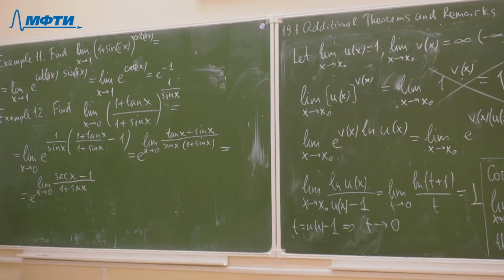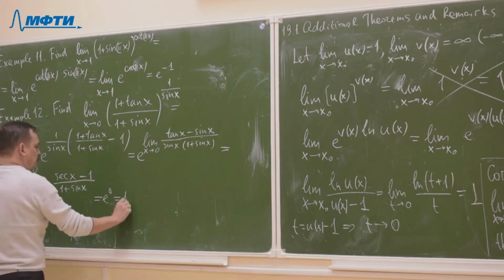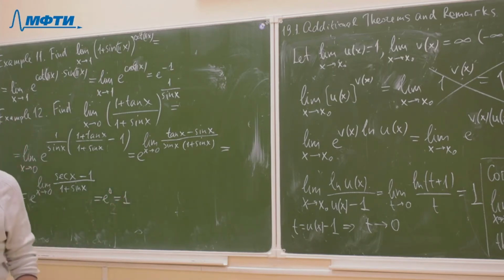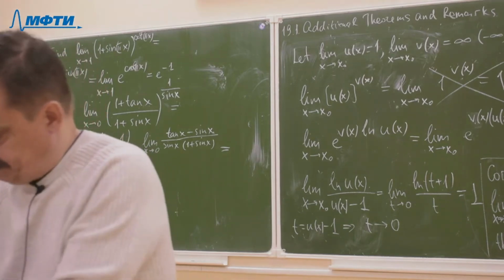Secant 0 is 1, so we have 0 over 1, that is 0, and hence we get 1, right? Okay, so we completed the list of examples.